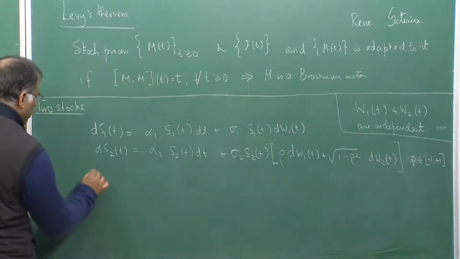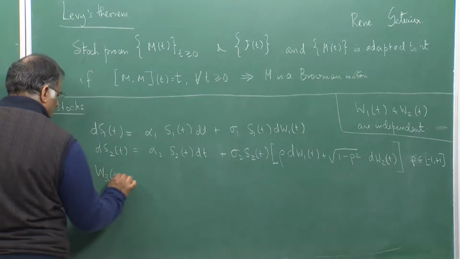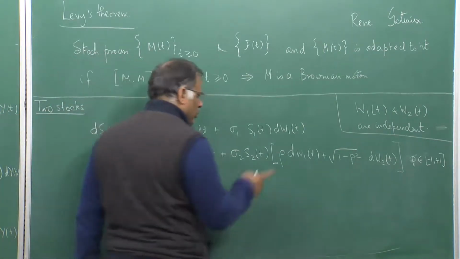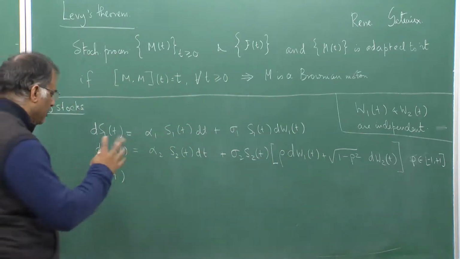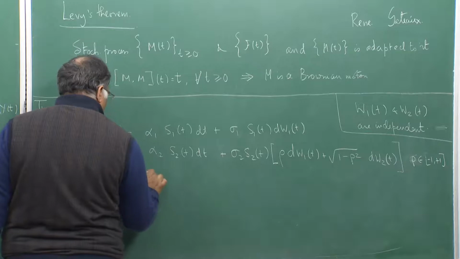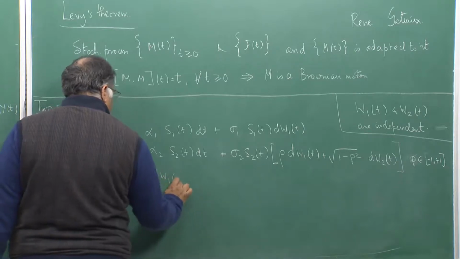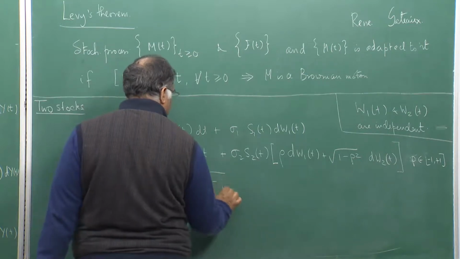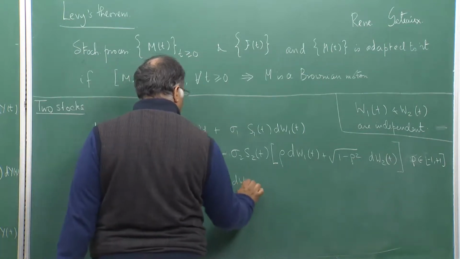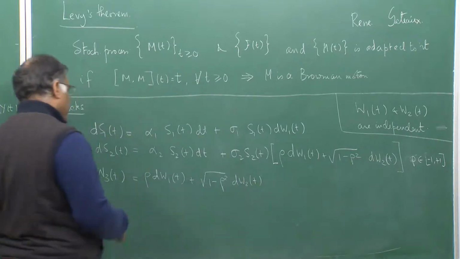So, I am making a new process, a new Brownian motion, and all other properties of the Brownian motion would be satisfied, because you just have linear combinations, it does not matter. So, this is my new Brownian motion, a new process. Again, it is an Ito process, and it is a Brownian motion.